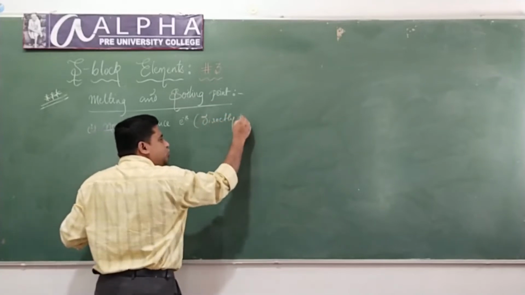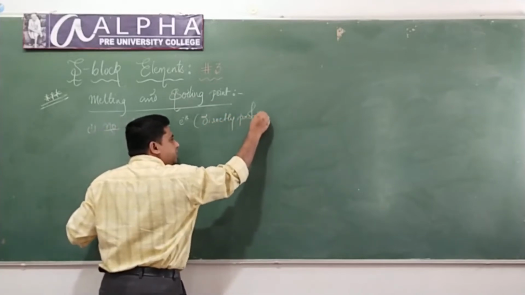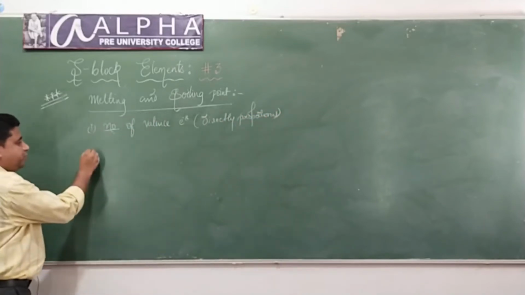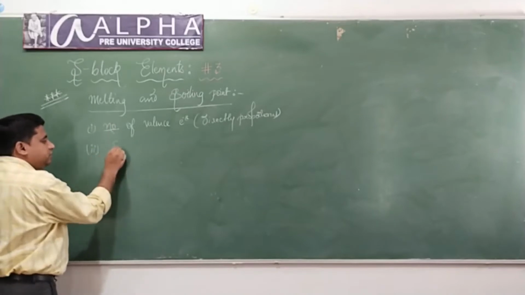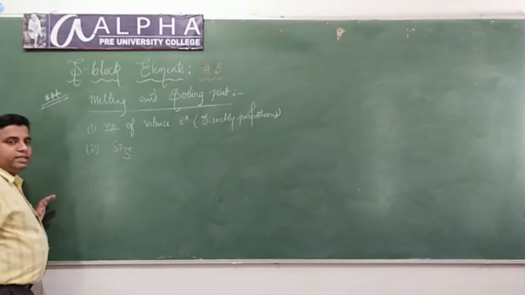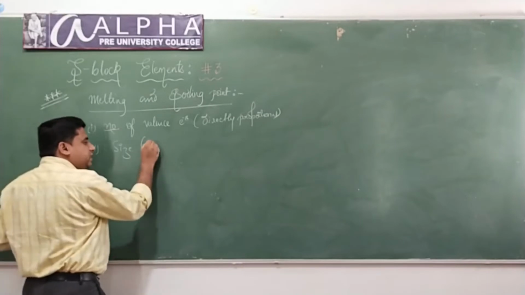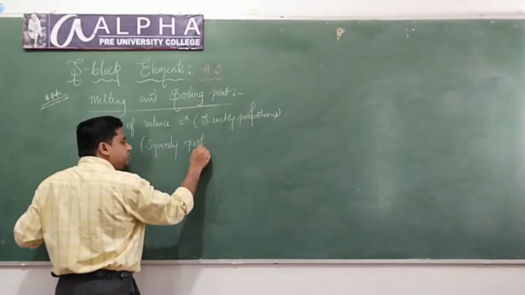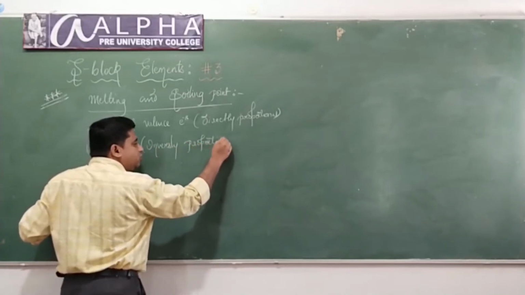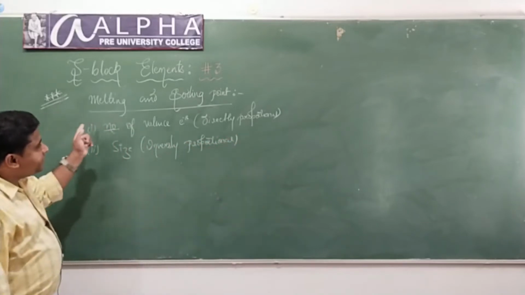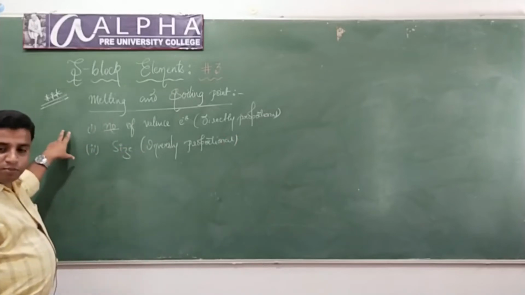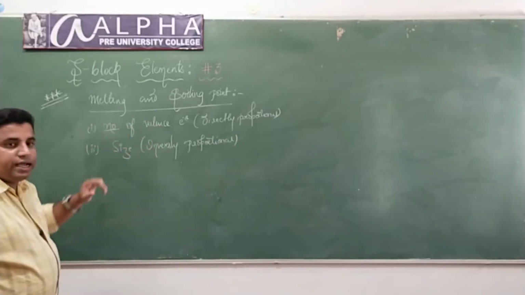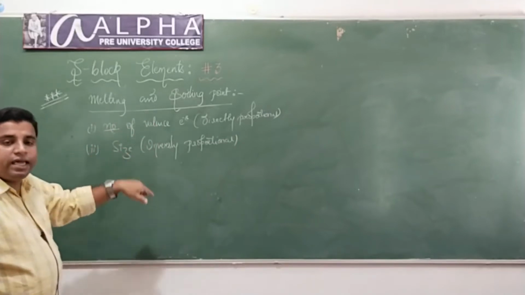And it also depends upon the size. For size, it is inversely proportional. Are you getting my point? So melting point and boiling point depend upon two factors. Which are those two factors? Number of valence electrons, directly proportional, and size, inversely proportional.